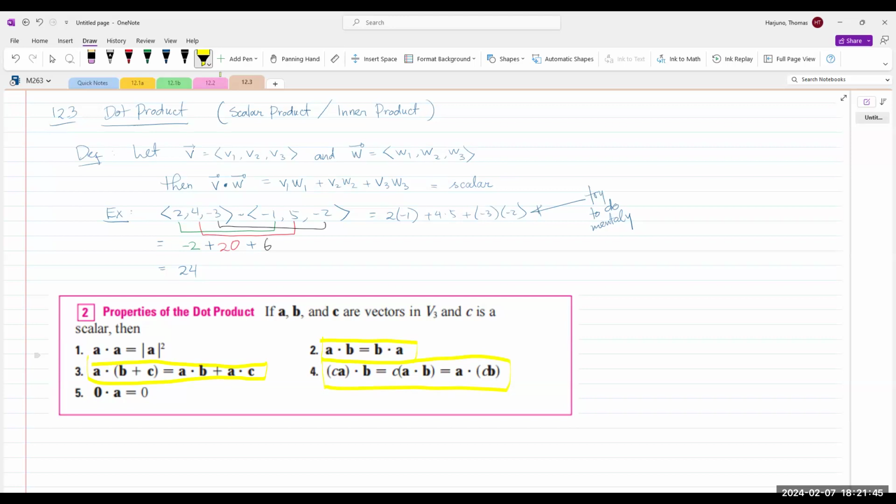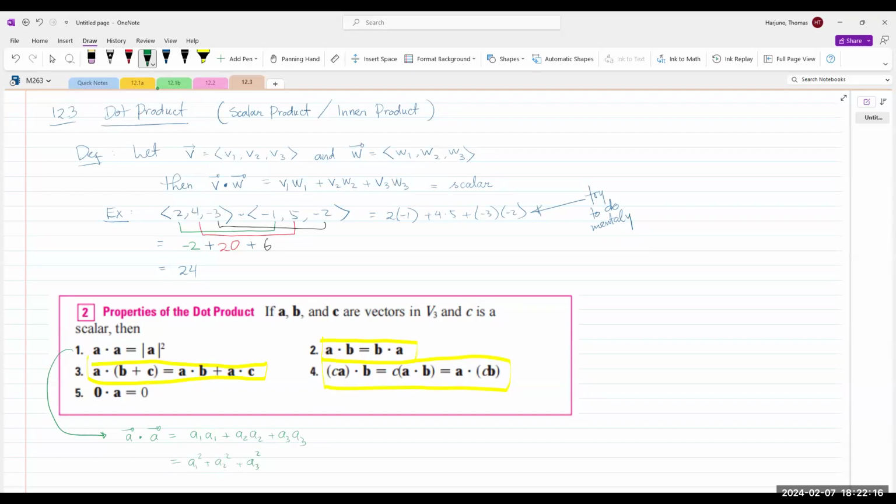Now the one that I want to emphasize a bit is number 1. Vector A dot vector A: if vector A is (A1, A2, A3), then it will be A1 A1 plus A2 A2 plus A3 A3, which is A1 squared plus A2 squared plus A3 squared.